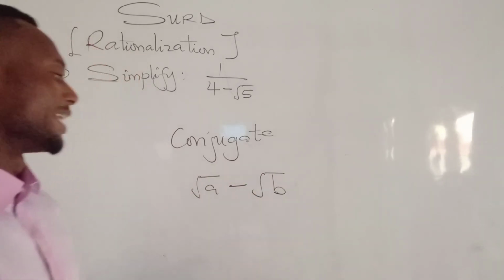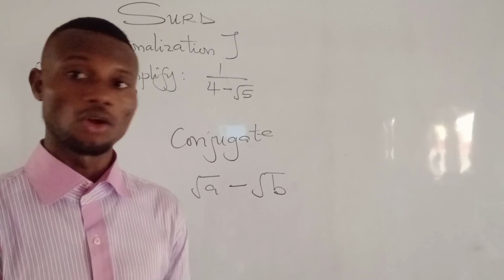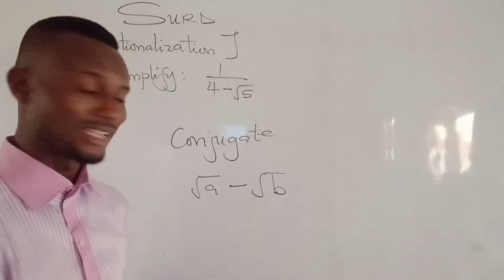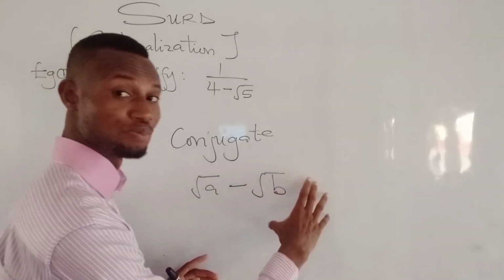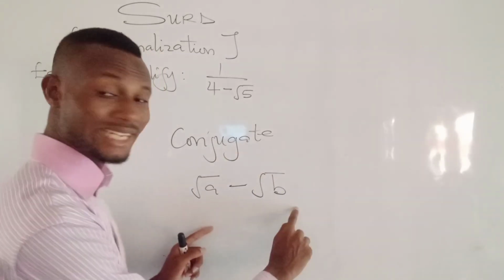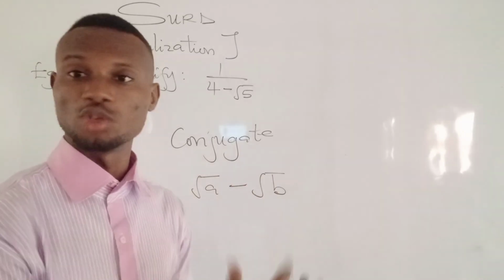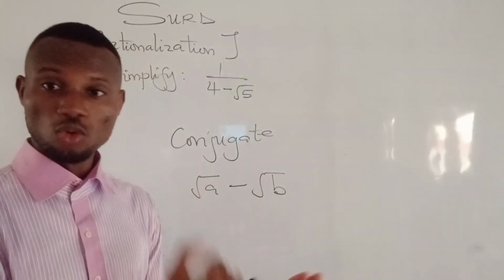So now the conjugation of a given surd, or the conjugate of a surd, simply means that having root a minus root b, for you to conjugate it, it means that you repeat the same thing, but the sign it has in between them, change it to the opposite. Let me go over one more time.